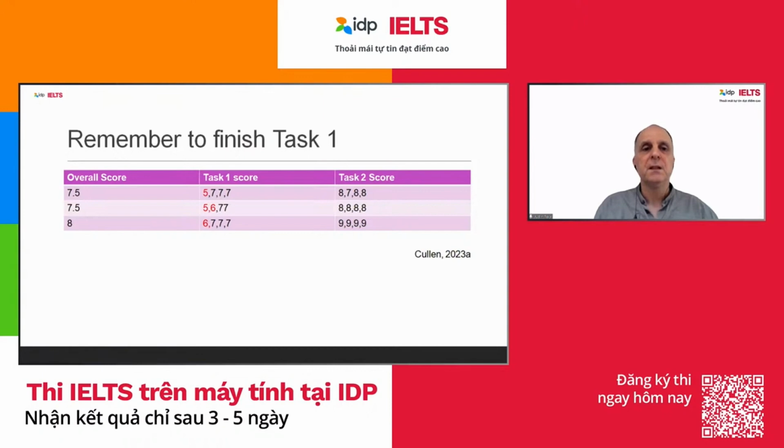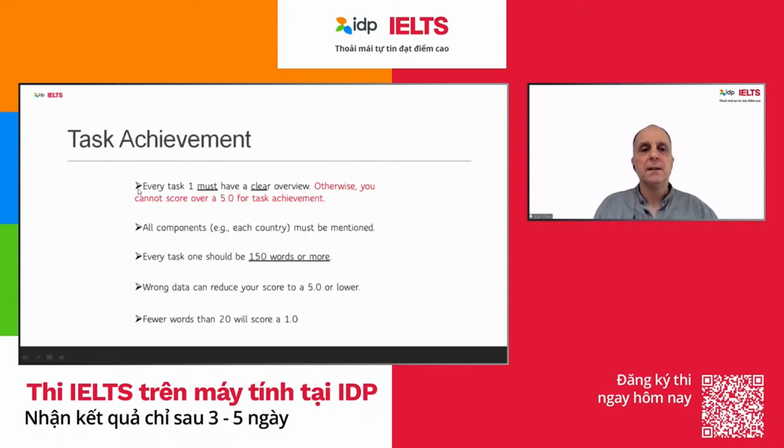Next. Now, for task 1, every task must have a clear overview. Otherwise, you cannot score over a 5 for task achievement. All components must be mentioned. So if there are a lot of different countries, mention them all.